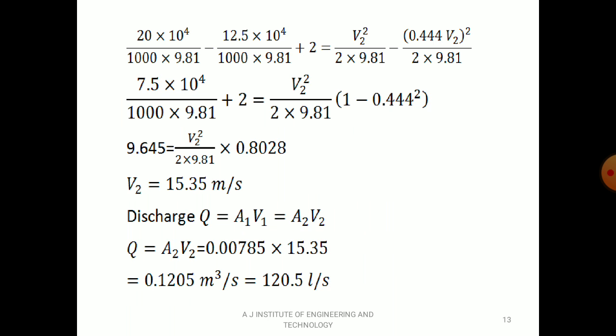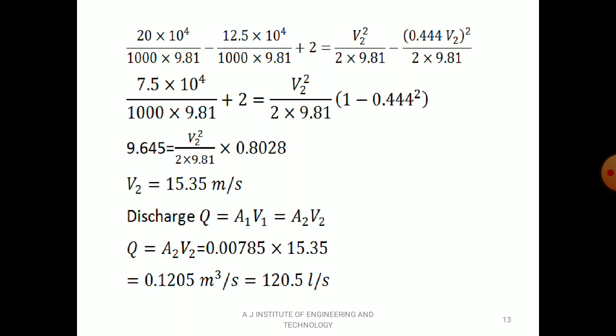Upon rearrangement we can get an expression like this: (P1 minus P2) divided by rho g, or 20 into 10 to the power 4 divided by 1000 into 9.81 minus 12.5 into 10 to the power 4 divided by 1000 into 9.81, plus 2, so Z1 is 2, is equal to V2 square divided by 2 into 9.81 minus V1 square divided by 2 into 9.81.